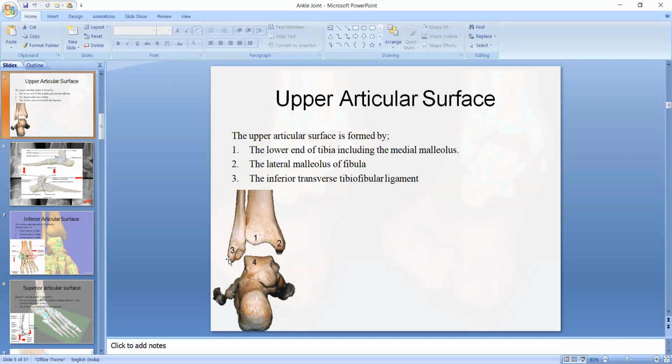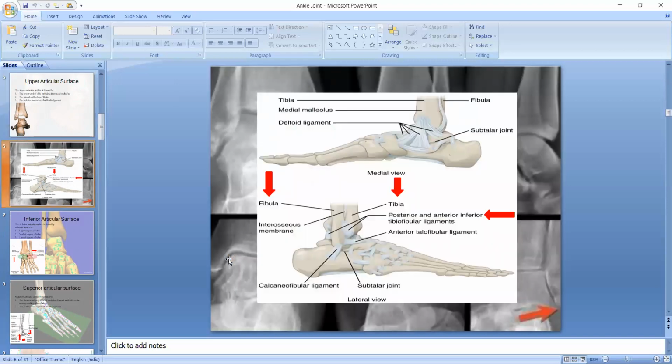So these make the upper articular surface. Here this is the fibula, this is the tibia, and this is the anterior tibiofibular ligament.